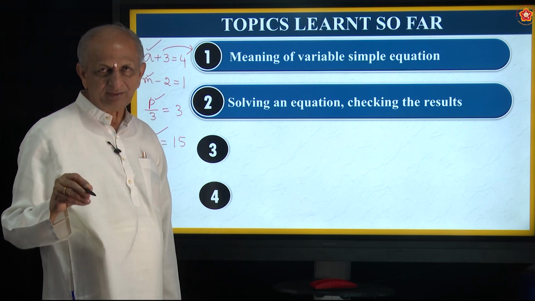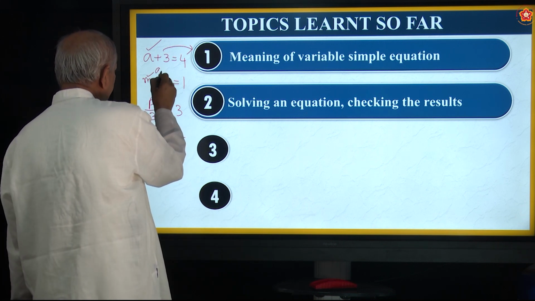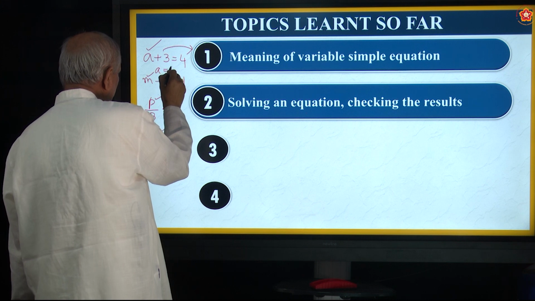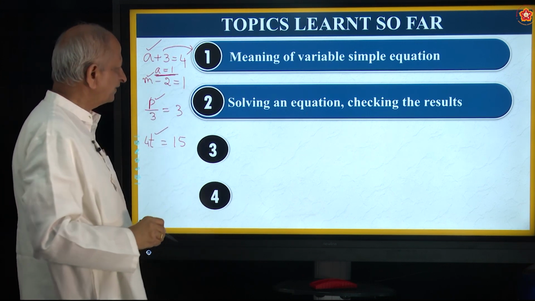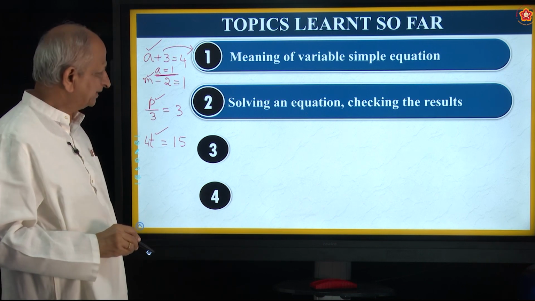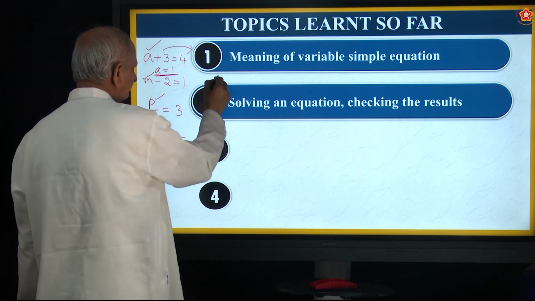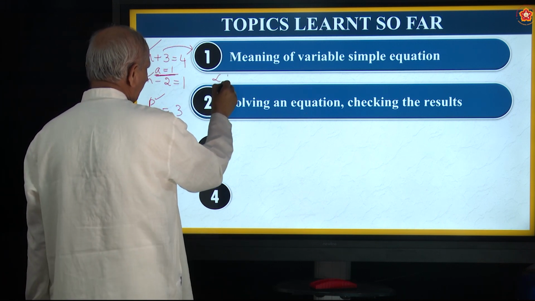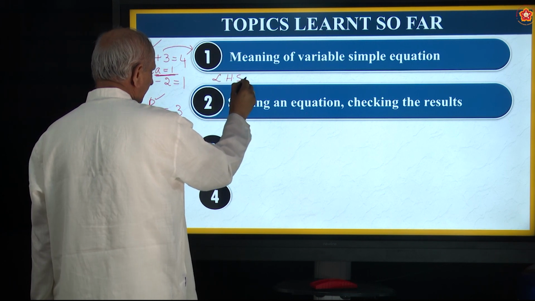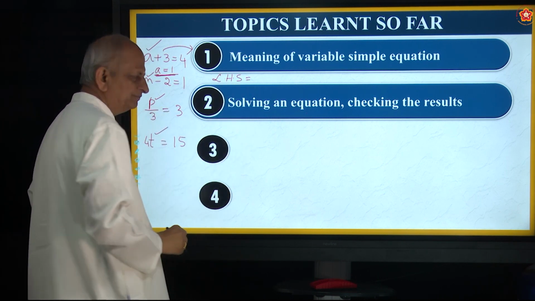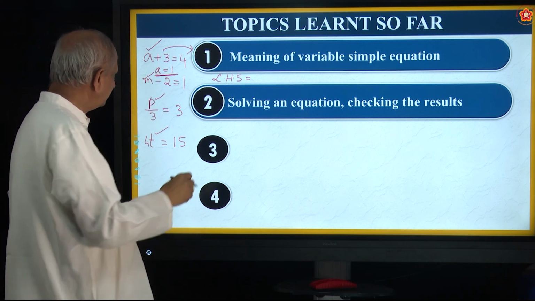Checking the result means what? Whatever answer comes, for example, we say that A is equal to 4 minus 3, that is 1. That is the answer for the first equation. Checking means put the value of A equal to 1 in the given equation. Whatever expression is there on the left side, we call it the left hand side. Now we got the answer A is equal to 1, correct?